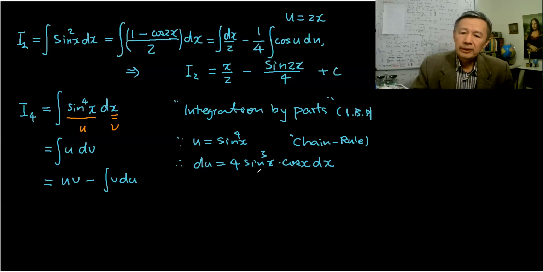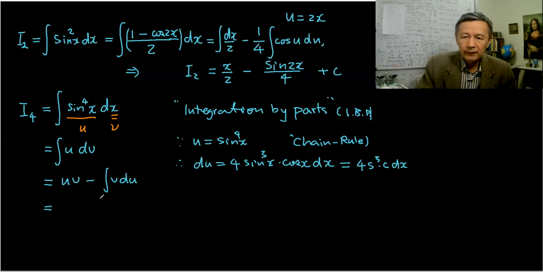We are going to use our notation now to simplify this one. So we just write 4 s cubed times c dx. If you substitute that into our equation, we got u times v minus the integral of v, and v is x.